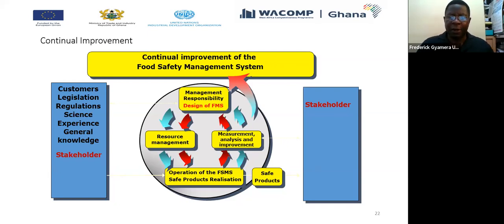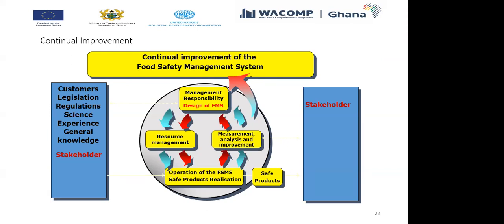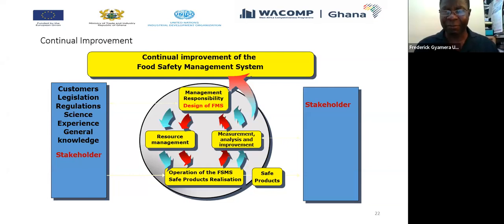Okay, the resource management, making maximum use of the scarce resource at your disposal, meaning that you are operating on the principle of effectiveness and efficiency, cutting down waste, making sure that you reduce what? Non-conforming products. I'm talking about the product that does not meet the specification of your final product. So you are talking about safe product realization, wholesomeness, devoid of what? Contaminants.